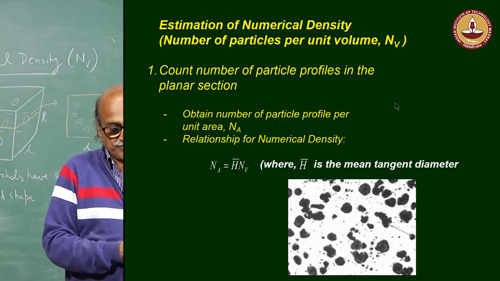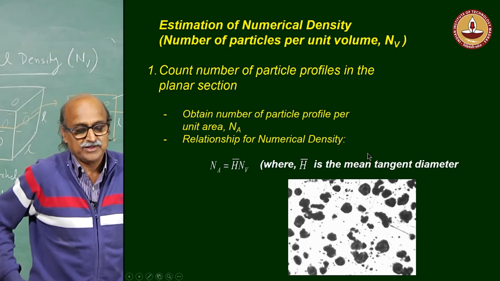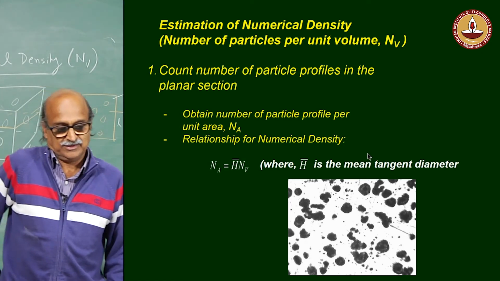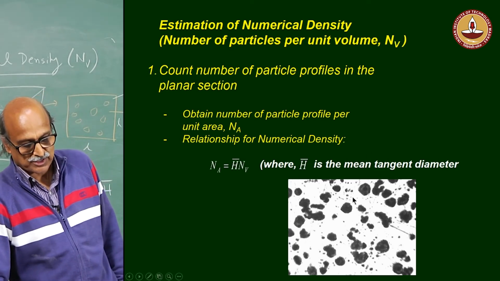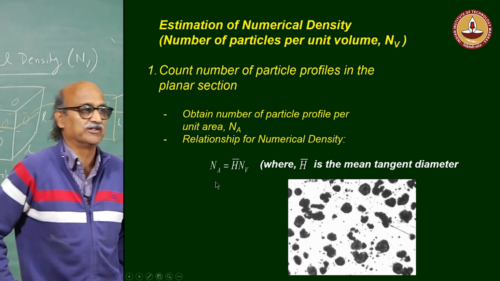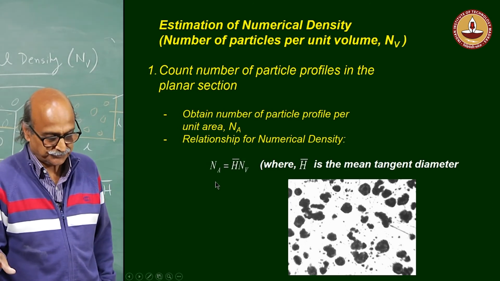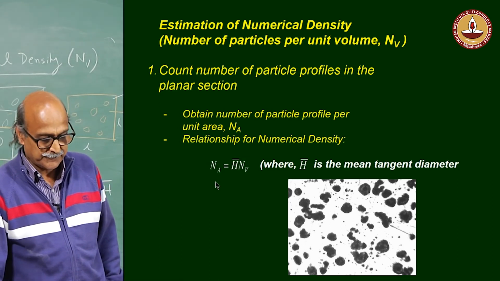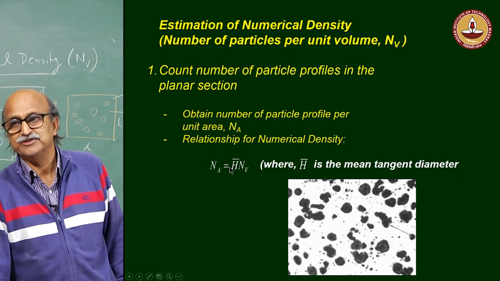Estimation of numerical density. Well, here is again a very simple relationship. So, if you were to count these particles, you will get NA, but there is a catch in this relationship. All of these relationships, the catch is we do not know h bar, the mean tangent diameter.